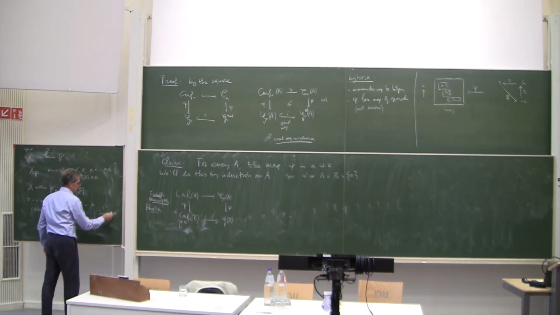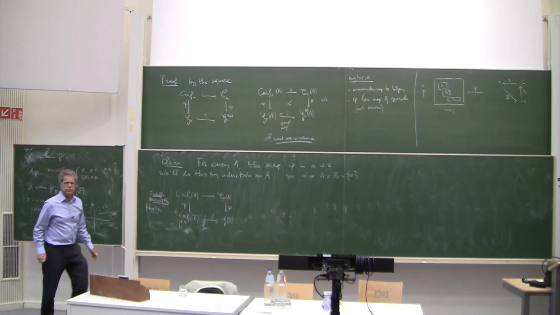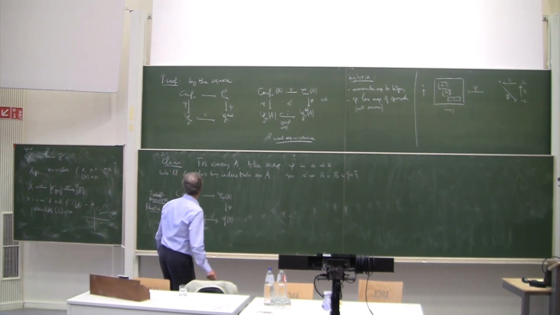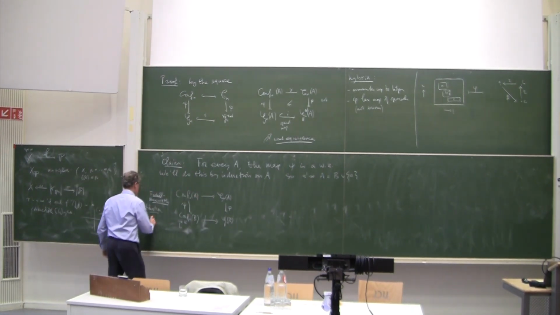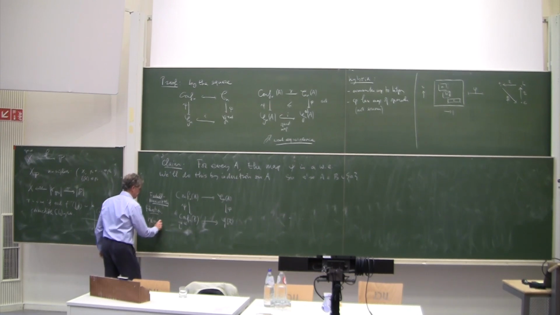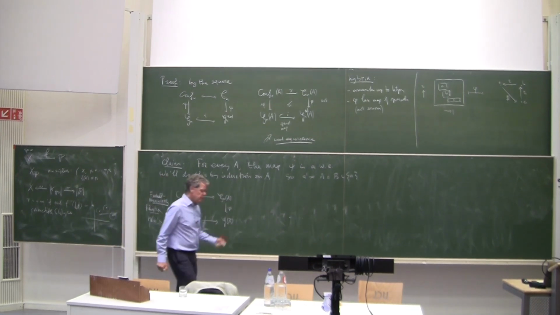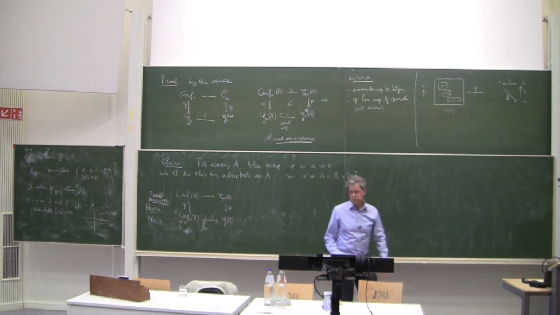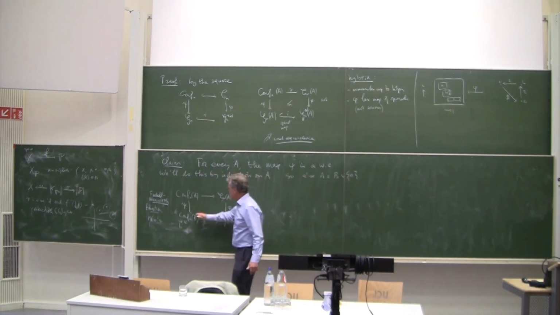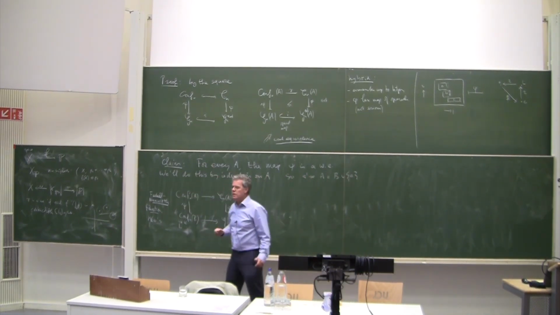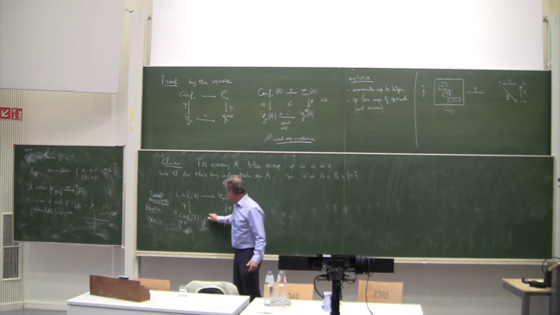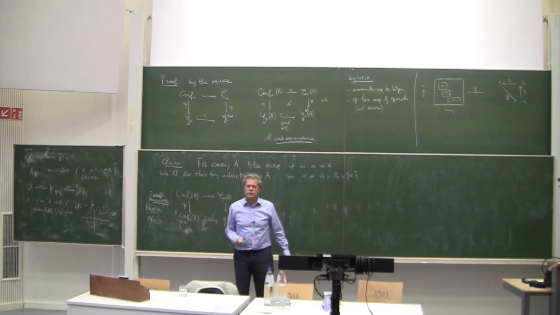So what you get is really a bouquet of 3 circles. That's a very classical early 1960s paper. So this is a fibration, and this is a weak equivalence by induction.